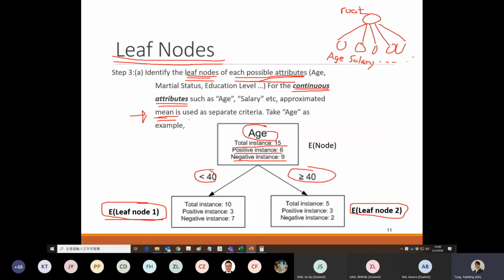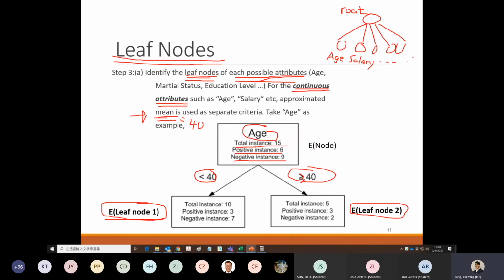The mean age just calculated equals 40. If the age is less than 40, we have leaf loop 1, and for leaf loop 2, those with age larger than or equal to 40. So one is less than 40 years old, another is 40 years old or more.